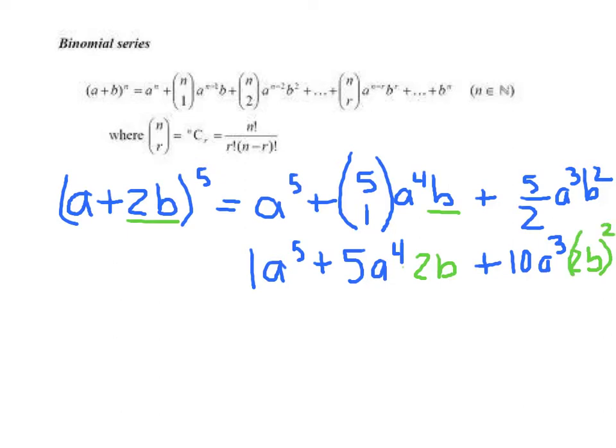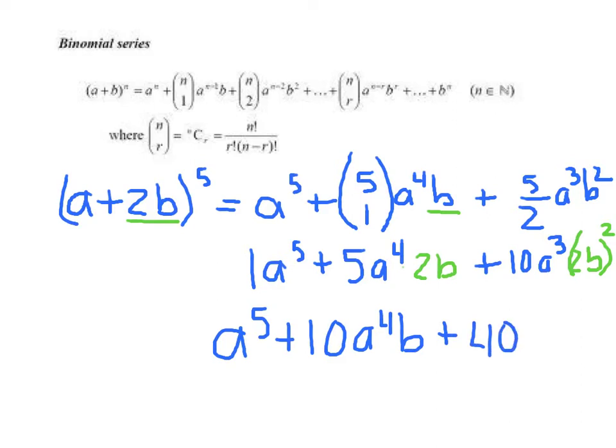But if you were expanding this binomial with the binomial theorem, it would start off with a to the 5th plus 10a to the 4th b plus 40a cubed b squared, dot dot dot. So I wanted to show you what the formula looked like because it's useful for our next slide.